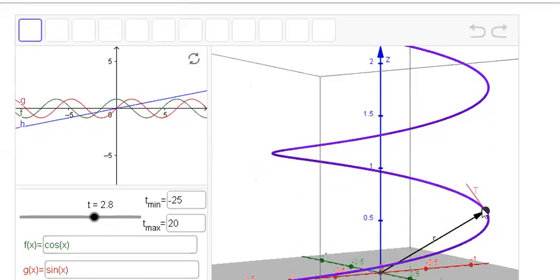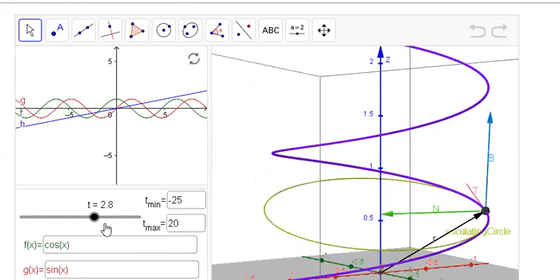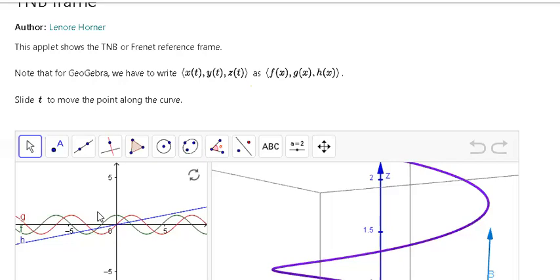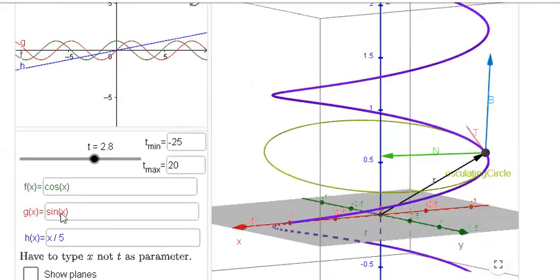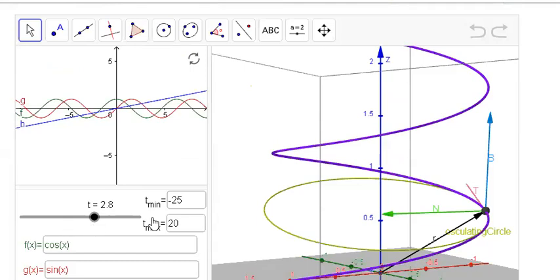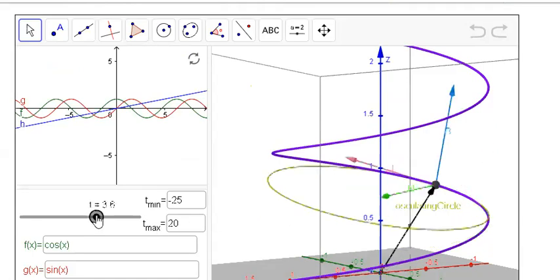This is the tangent, the normal, unit normal, and B, the cross product of T and N, which is B. When you change this parameter value, look at this, the TBN frame moves along the curve.